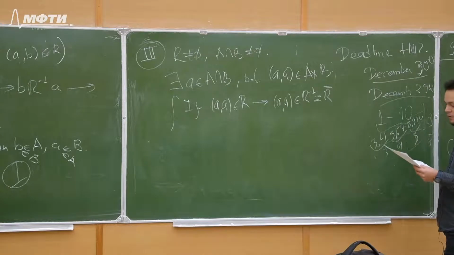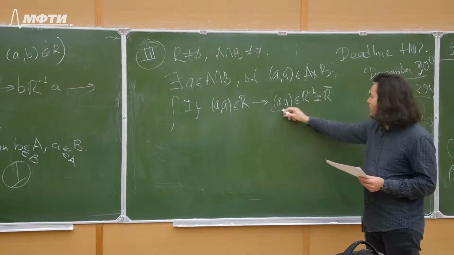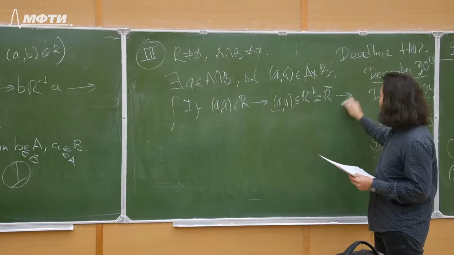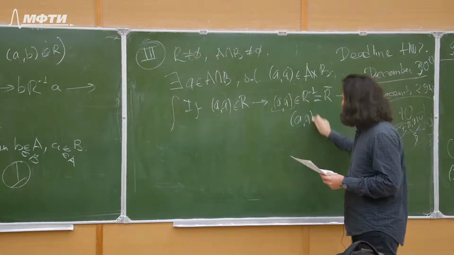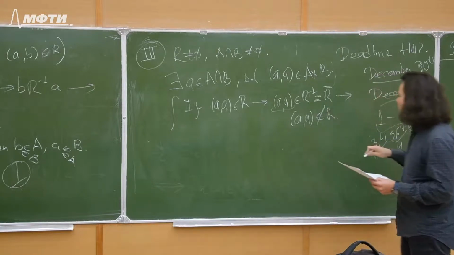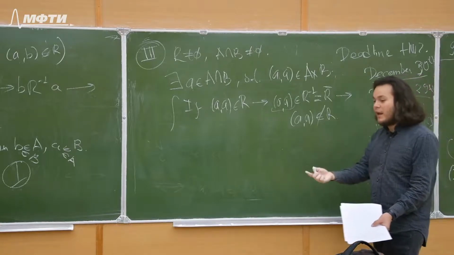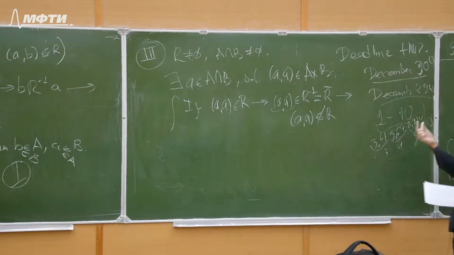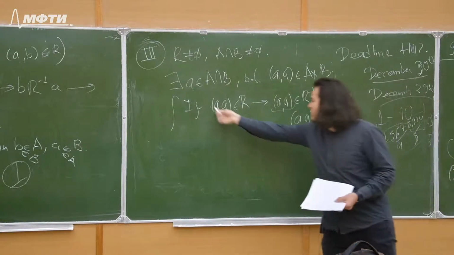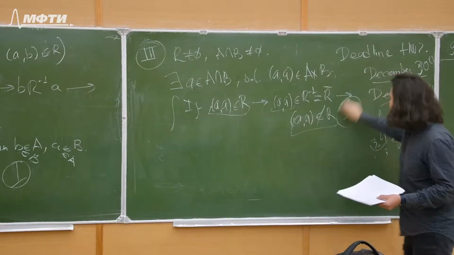Since (a, a) is in the complement of R, it means that (a, a) is not an element of R, because if it is an element of the complement, then it's not an element of the set itself, R. But we assumed that this is an element of R, so we get a contradiction here.